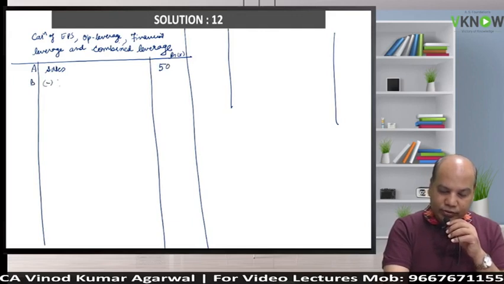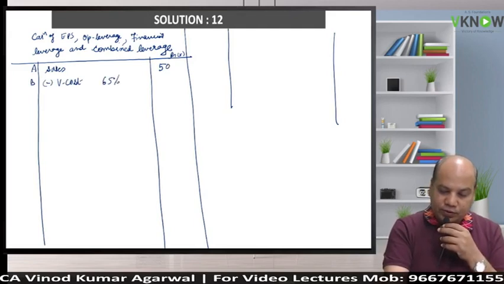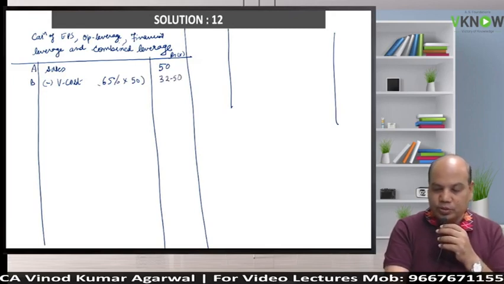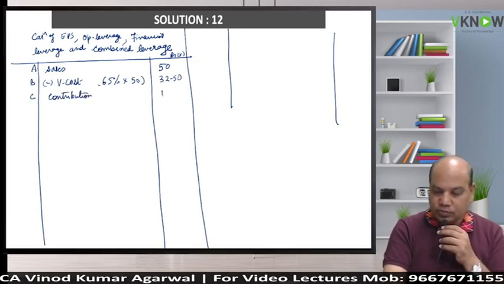Less, what is the variable cost to sales ratio in the problem? 65% into 50 crore. That is 32.5. Very good. Point number C, contribution, A minus B, 17.5.